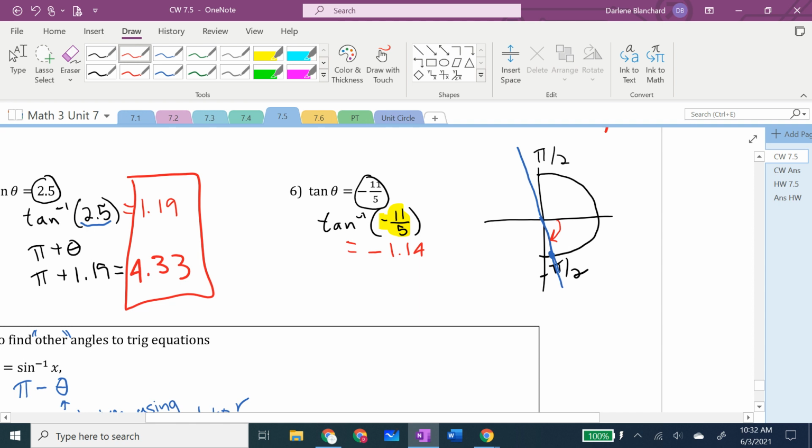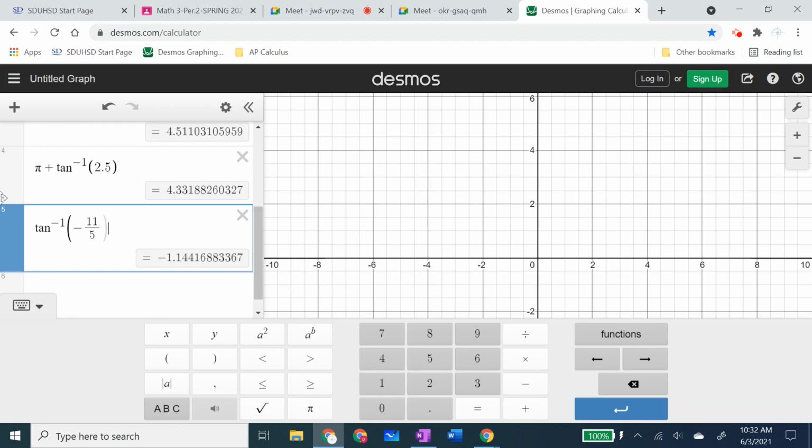If I take that angle and use the formula pi plus the answer my calculator gave me, actually I'll just do plus pi, then I get pretty darn close to 2.